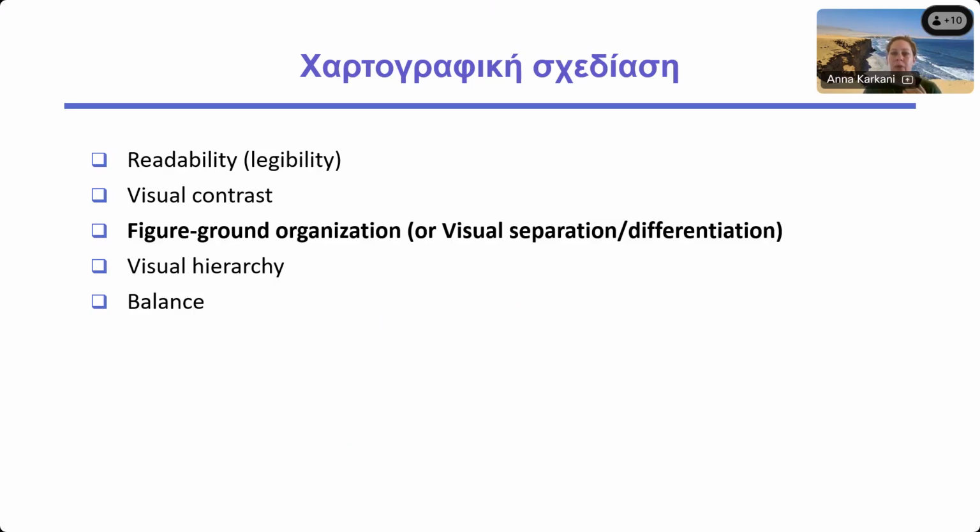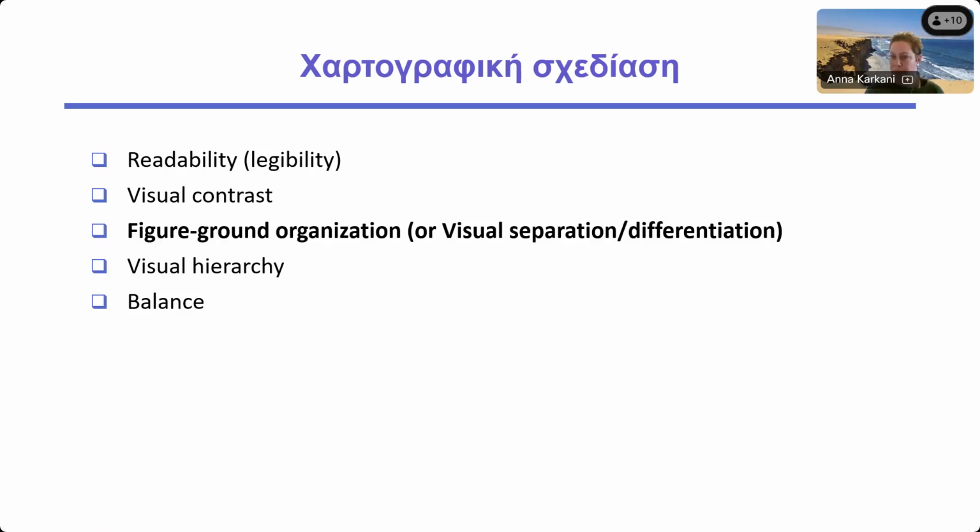So we need to be able to, as readers, distinguish the main area from the background. So we have to use the appropriate contrast, so that the map can attract the reader's eye and the basic map elements stand out and not our background.